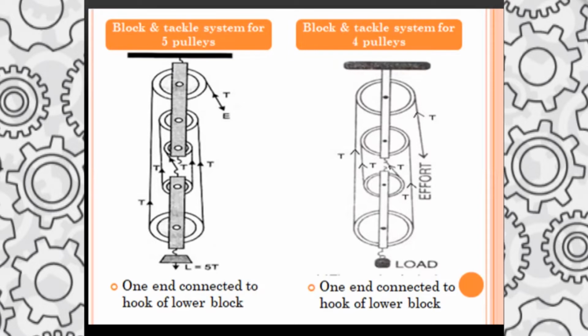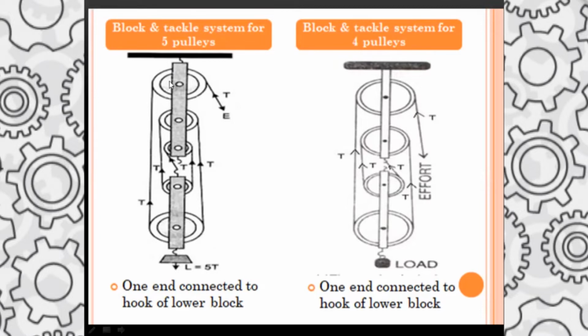In the case of a block and tackle system, in this portion you have all fixed pulleys, and in this portion you have two pulleys, but these two pulleys can move up and down, and you have to move this load. So one end is connected to a hook of the lower block. So here also we have two blocks and they are interconnected.